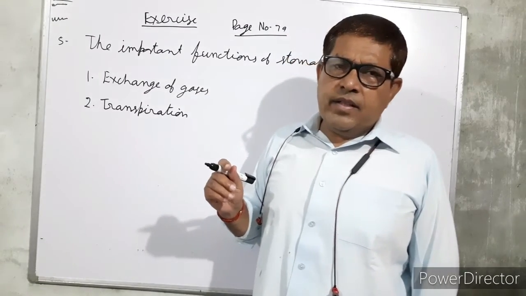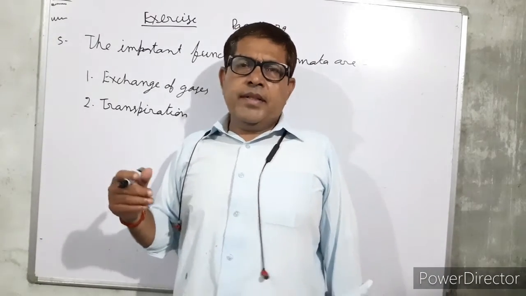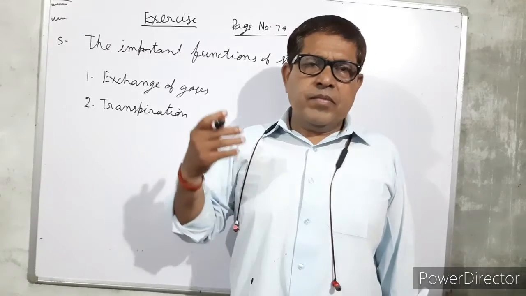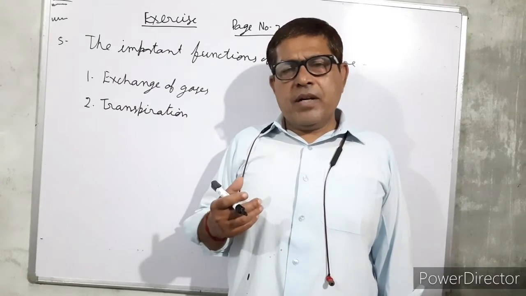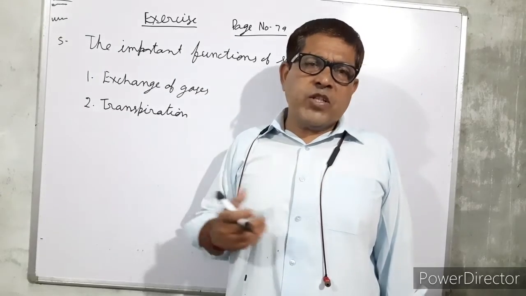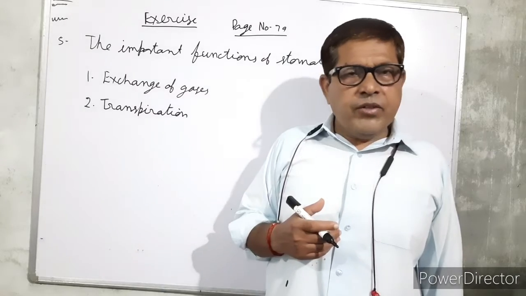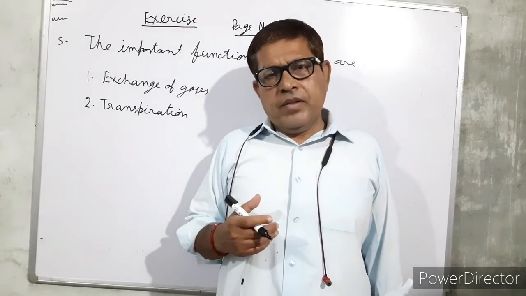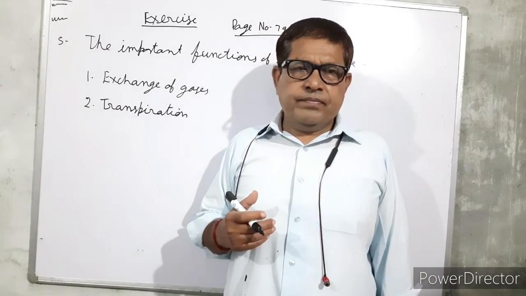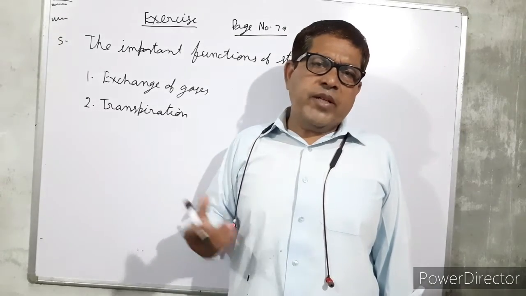When stomata open, water is lost in the form of water vapor. This process of transpiration takes place during the daytime only, because only at that time the stomata open.